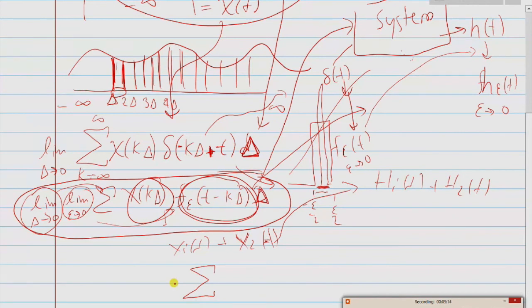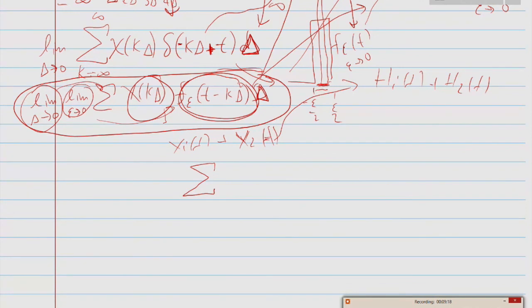Because the system is linear, since this is a constant with respect to the LTI system, I can just multiply the corresponding output, which only depends on f epsilon, by the corresponding constant x of k delta times the output I've defined, which is h epsilon of t minus k delta.